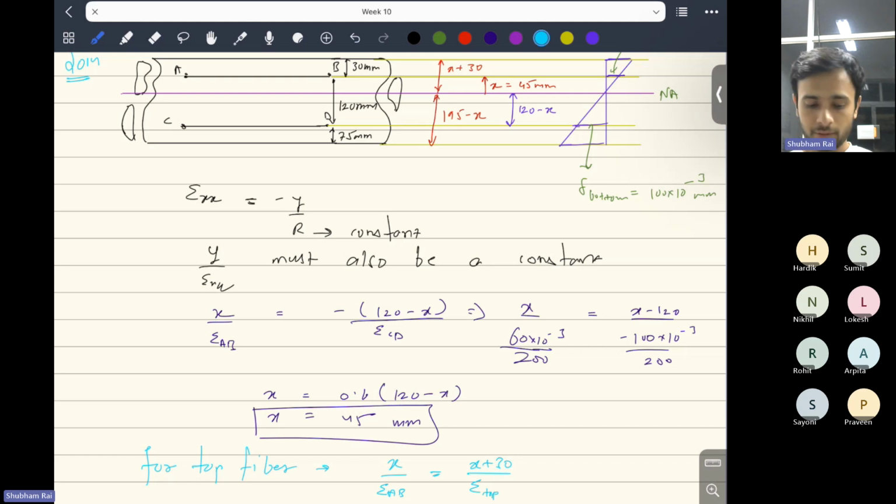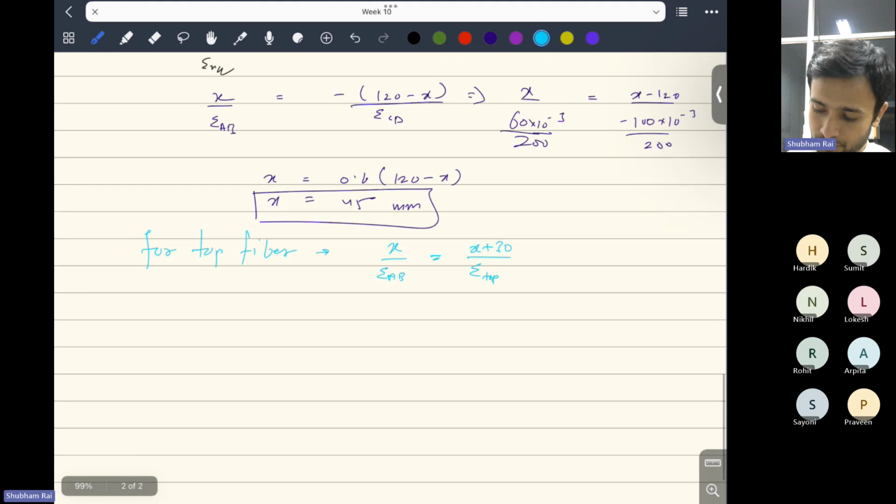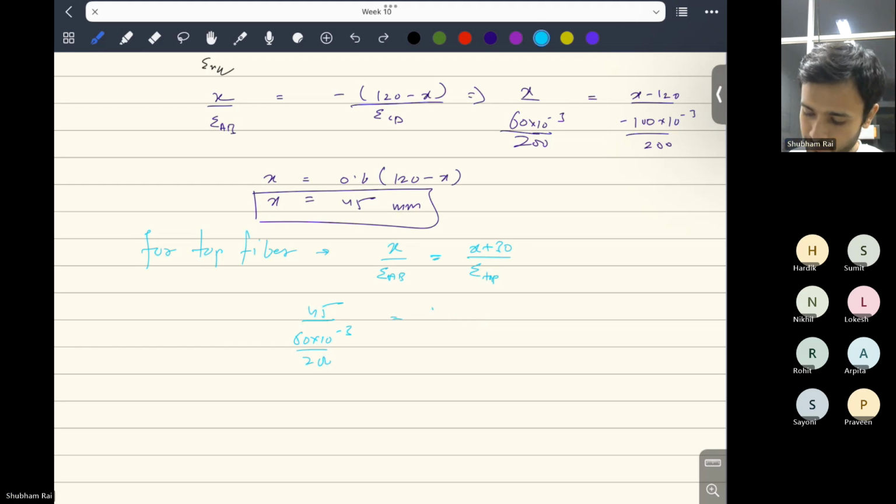I'm just writing top. So if you solve that, x will be 45 over epsilon AB, which is 16 into 10 to the minus 3 divided by 200. And this is x plus 30, and epsilon top, I mean, 45 plus 30. So from here you can find epsilon top.